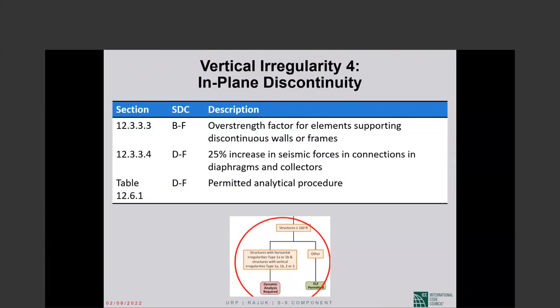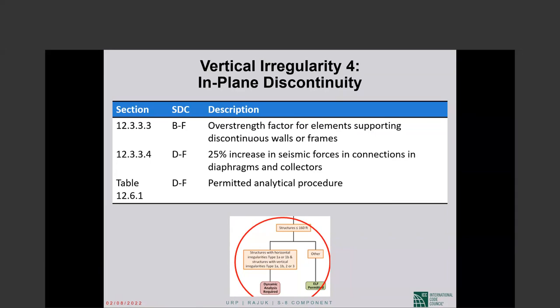If you have type 4, then the ASCE 7 provisions that are triggered are: overstrength factor for elements supporting discontinuous walls or frames. That is a very important requirement. Then a 25% increase in seismic forces in connections, in diaphragms and collectors.